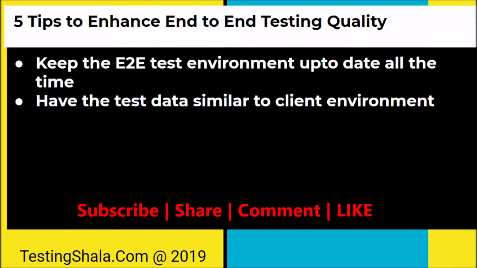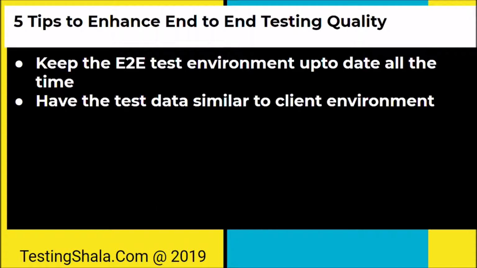You should always make use of test data management tools and the right strategy in generating test data which is similar to the client environment. If you do this, then your end-to-end testing will be in a good situation. Your end-to-end testing can find more issues if you adopt your test environment with the right test data.